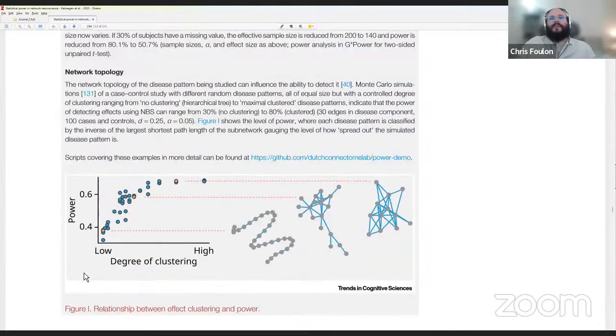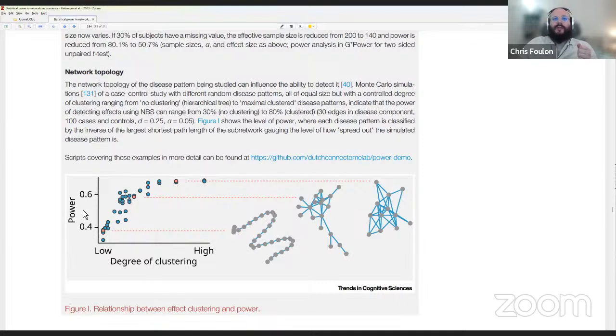Yes. So here you have the degree of clustering. These are simulated networks, and of course the snake-like network is a very extreme case, which is quite unlikely in the brain. But it's just to describe the different configurations of network that you can have that can affect your statistical power.